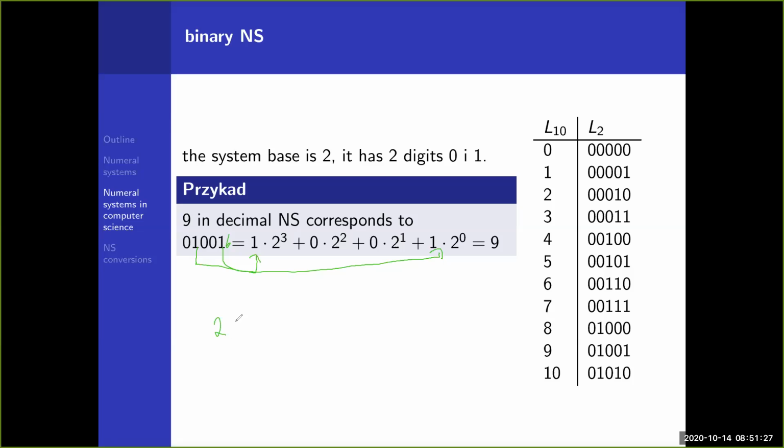You should know the values from 2 to the power 0 up to 2 to the power 10. 2 to the power 10 is 1024, which is a very commonly used value in computer science. I think it's quite easy to calculate the values in between.